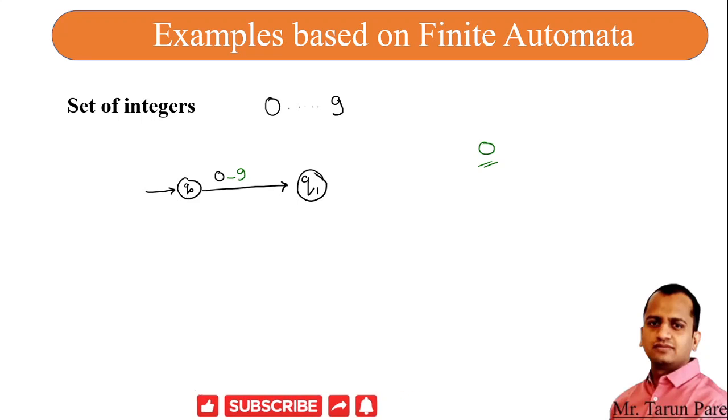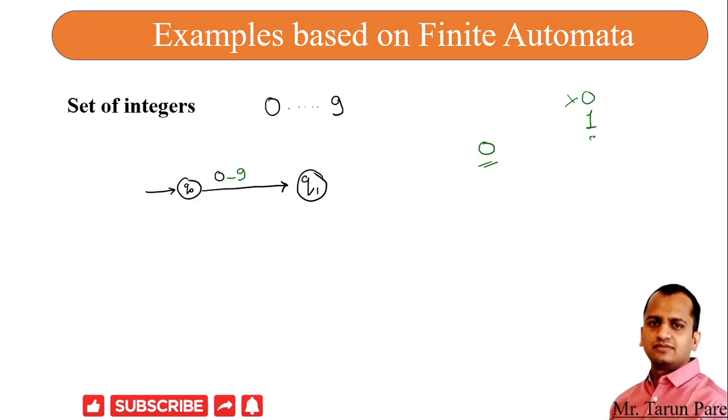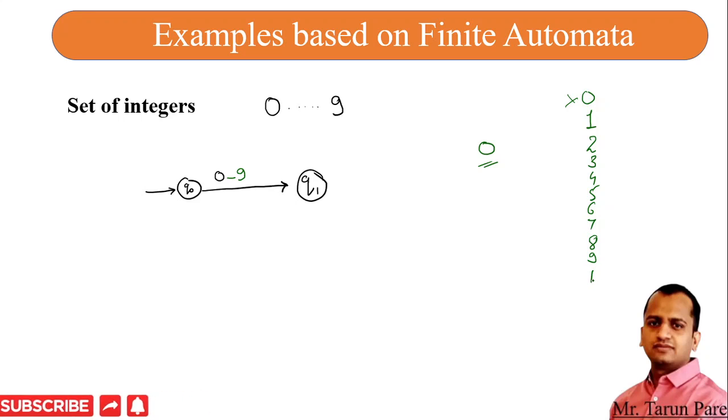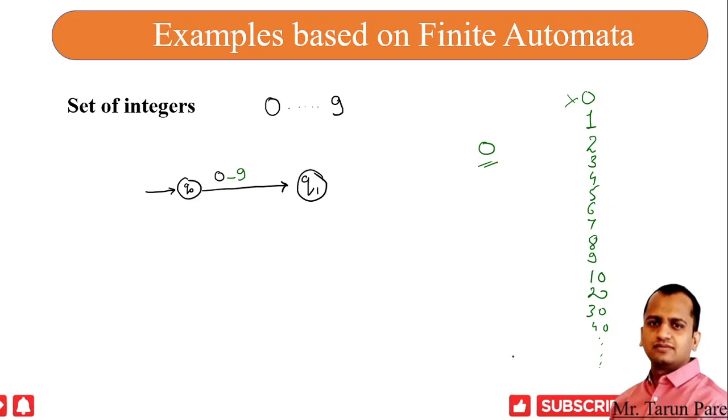No. So what are the numbers right now? 0 is not any number, 1 is a number, 2 is a number, 3, 4, 5, 6, 7, 8, 9, 10, 20, 30, 40, up to n numbers. Okay, so if we pass 0, then this will not be justified for the automata.